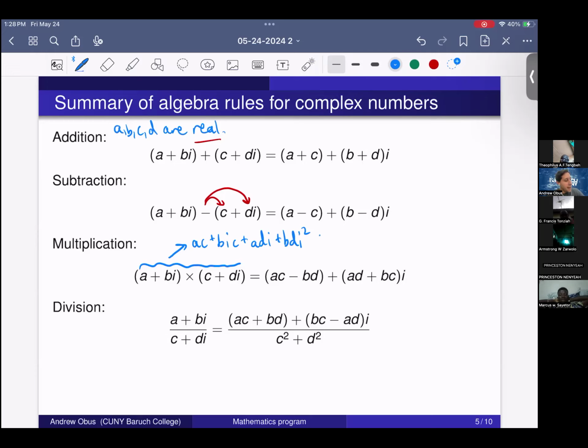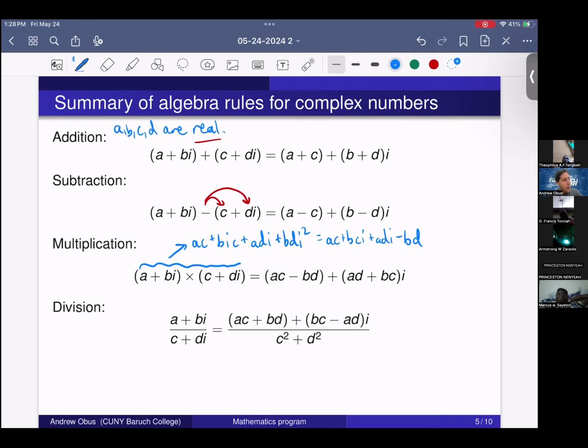So that's ac plus bci plus adi, and then bdi squared. Remember, i squared is just -1. So bdi squared is just bd times -1, so it's just minus bd.